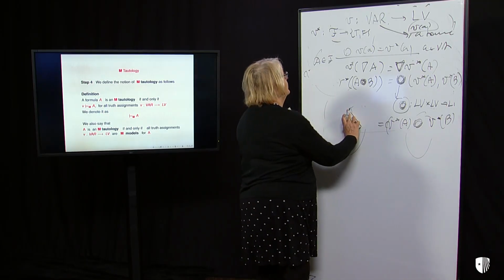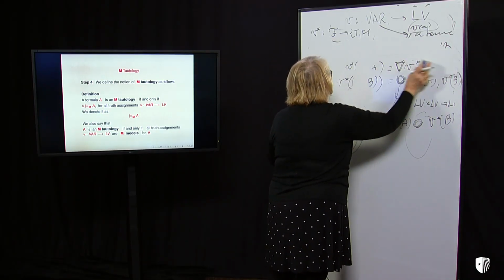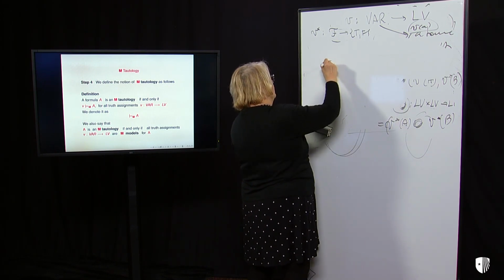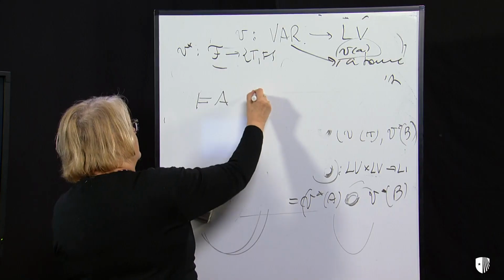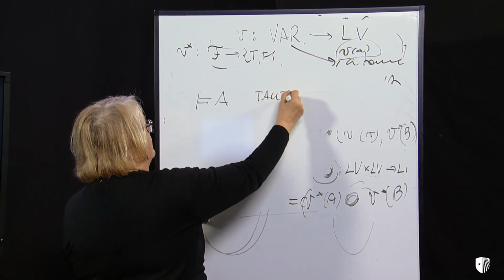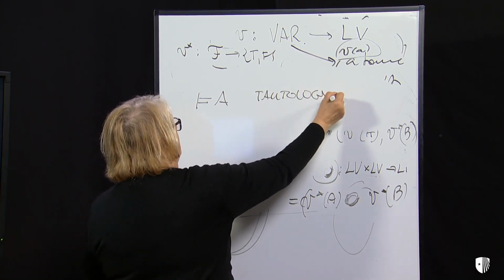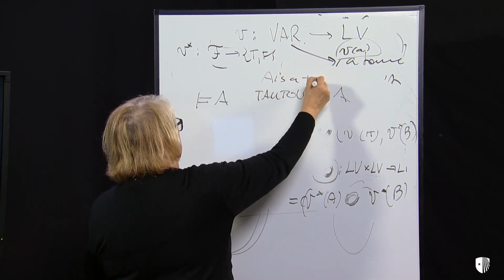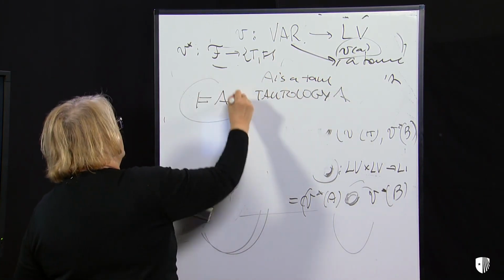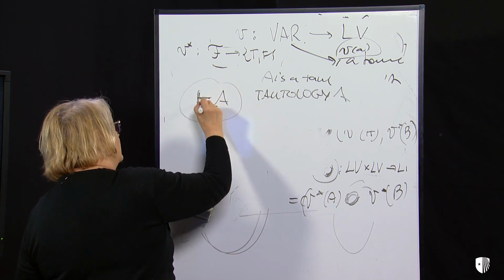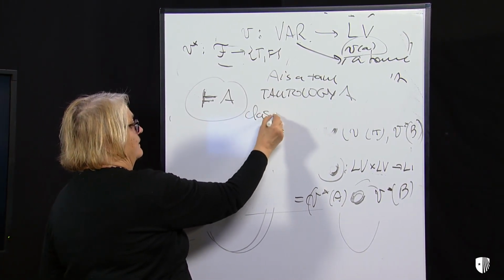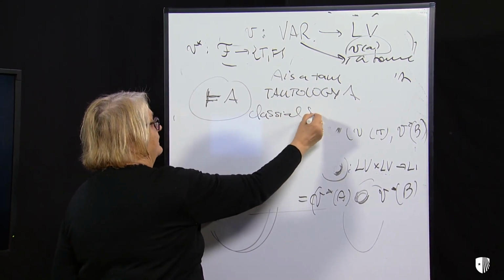Now, tautology notation, we use this notation: A is a tautology. This is a symbol only for classical semantics.